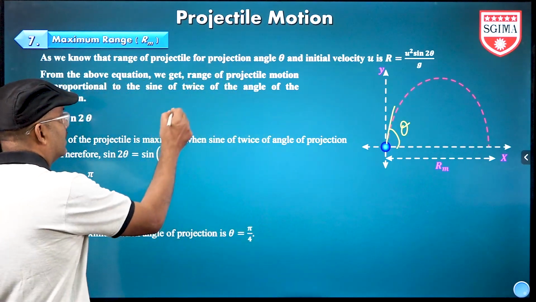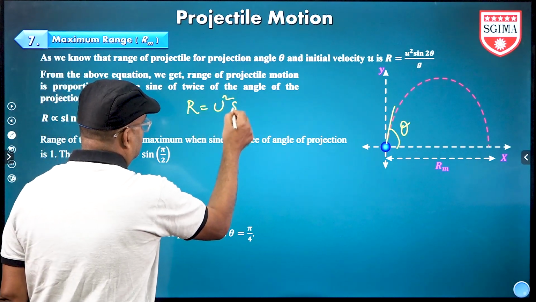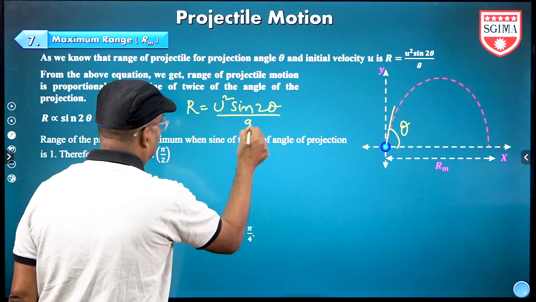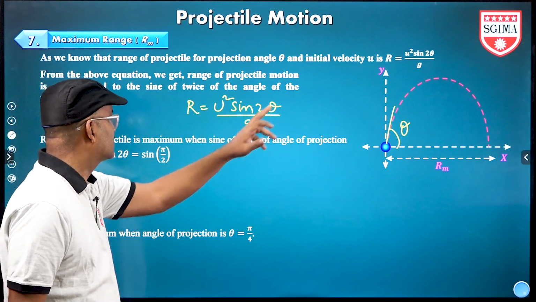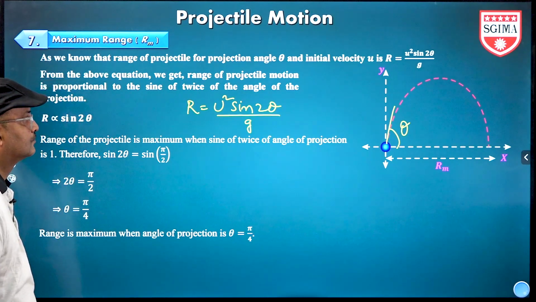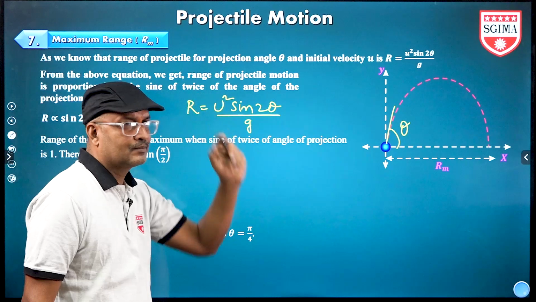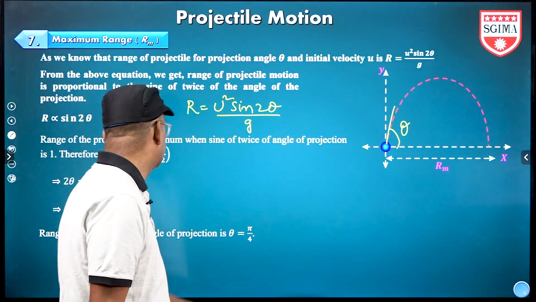We already know the range formula: u square sine 2 theta by g. So range is directly proportional to sine 2 theta. Range is maximum if sine 2 theta is maximum. The maximum value of the sine function is 1.